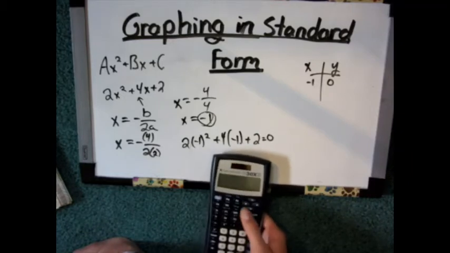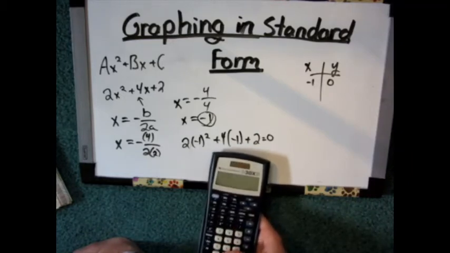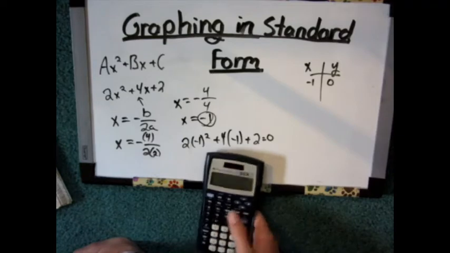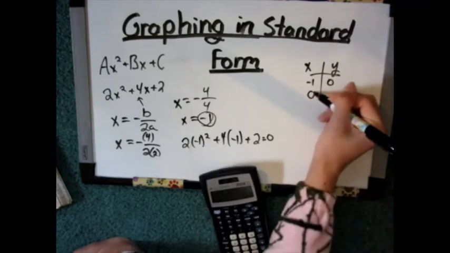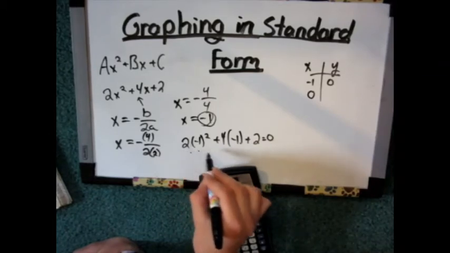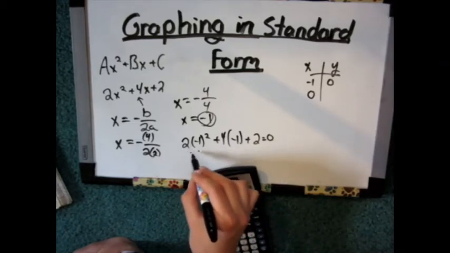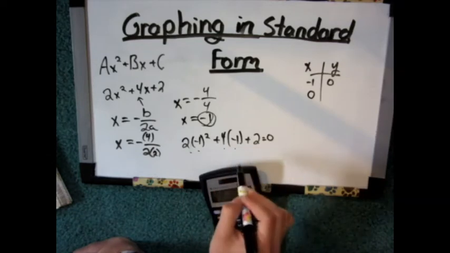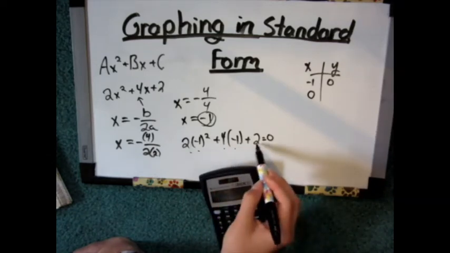Actually, I know what 0 is. So we'll do 0, and 0 times anything is 0, so you're just left with 2.